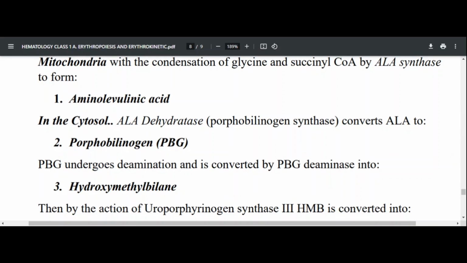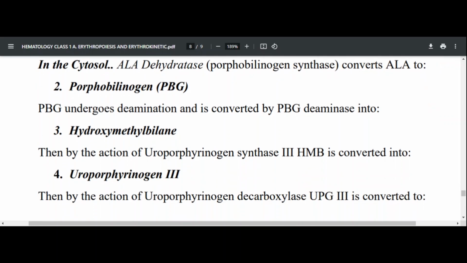So then porphobilinogen will also undergo further deamination in the cytoplasm and is converted, of course, by porphobilinogen deaminase into hydroxymethylbilane. So hydroxymethylbilane is also found in the cytosol, after deamination of porphobilinogen. Then hydroxymethylbilane, by the action of uroporphyrinogen synthase, will be converted into another molecule, which is uroporphyrinogen 3.